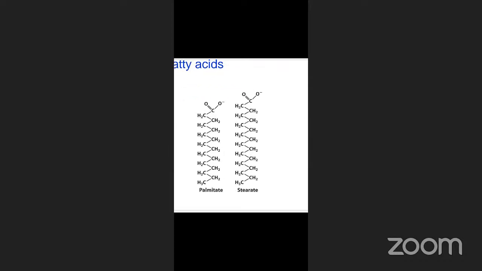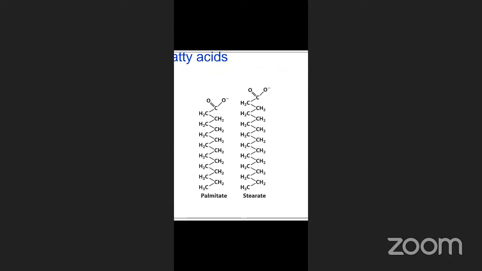Unsaturated fatty acids are the fatty acid chains with one or more double bonds. So here you can see palmitate and stearate. These two are saturated fatty acids. Except the functional group, COO, which is at the top.